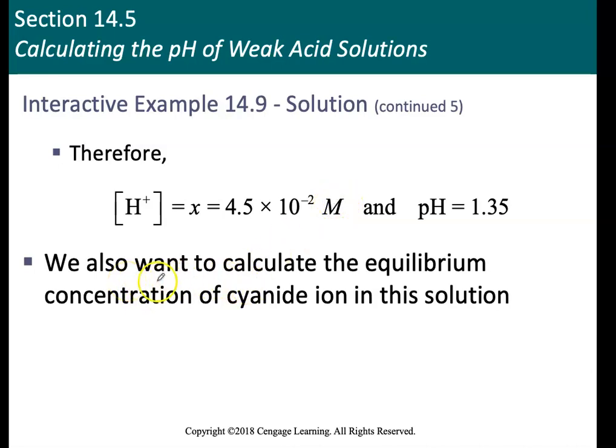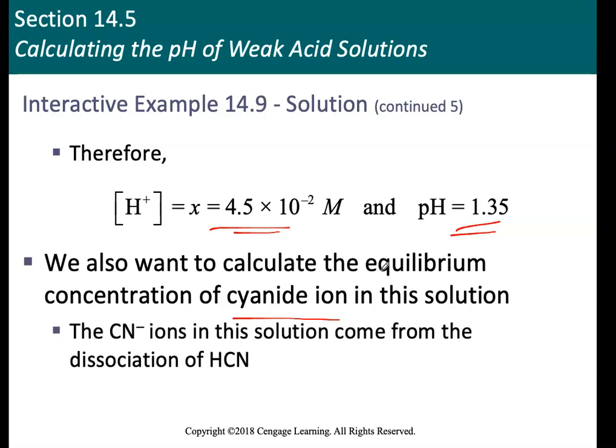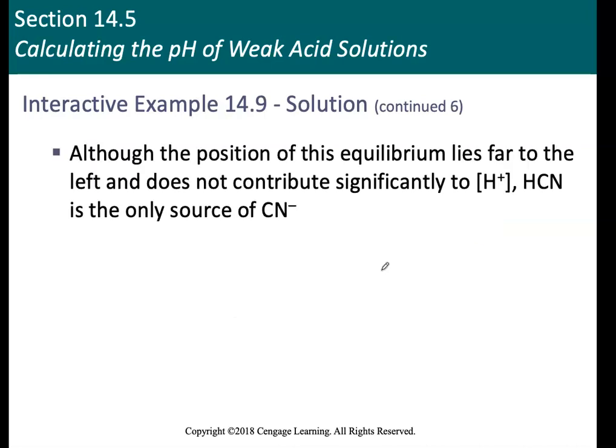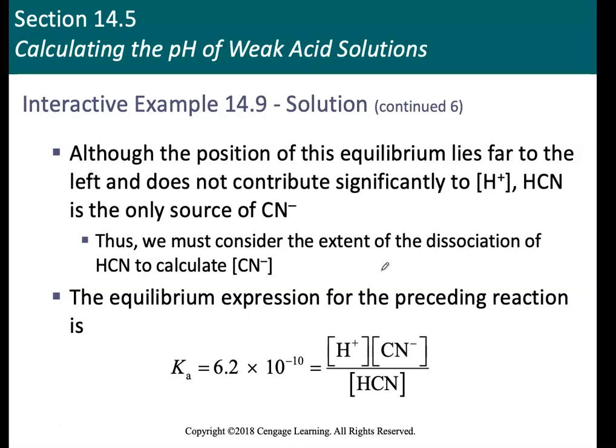Now, if we want to follow on with the calculation of the concentration of cyanide ion, yes, we can continue. Now that we have settled the value of the hydrogen ion, we can use this value to solve for the cyanide concentration. Look at this. The CN- ions in this solution come from the dissociation of HCN. So that's the equation. And now we can substitute in the equation. So Ka for that is 6.2 times 10 to the power minus 10.